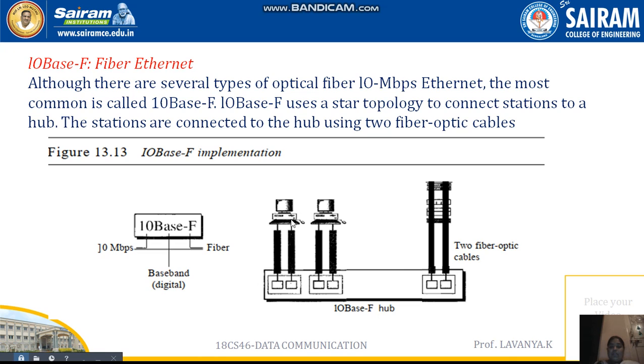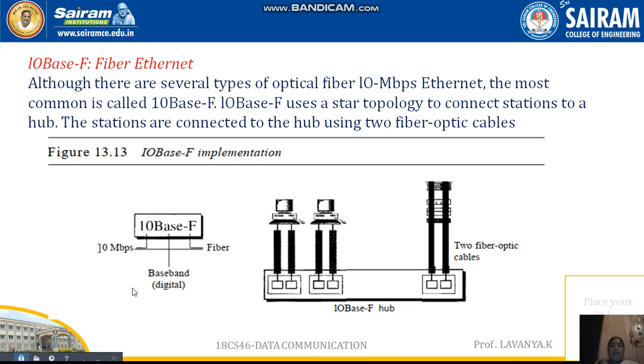One hub connects with two fiber optic cables. Two systems, two fiber optic cables and a hub: this everything makes up the 10Base fiber Ethernet.